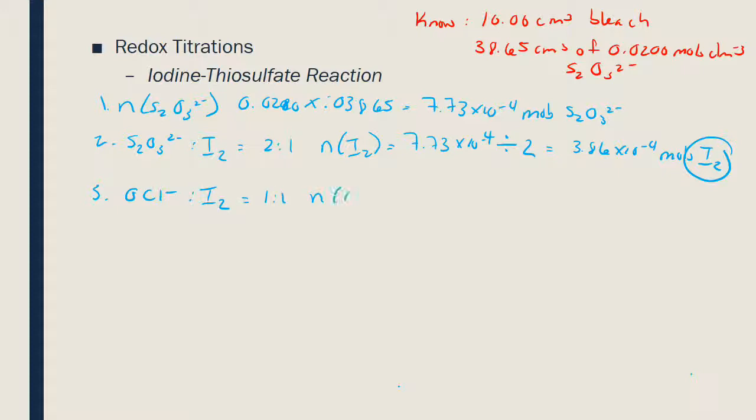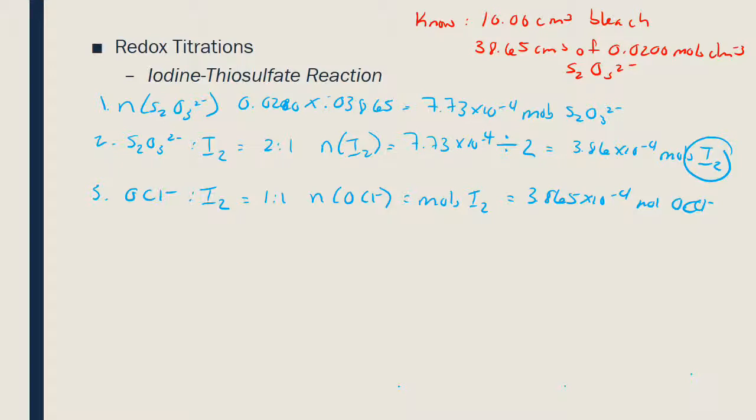So that means we can figure out how many moles of OCl⁻ were in the original reaction. Because it was 1 to 1, it equals the moles of iodine, so it is also 3.865 × 10⁻⁴ moles of OCl⁻.